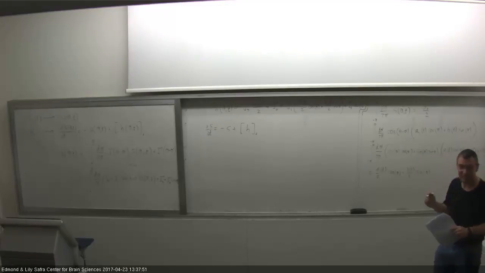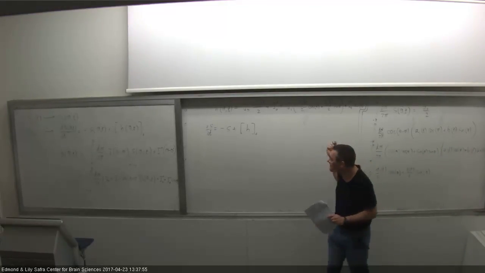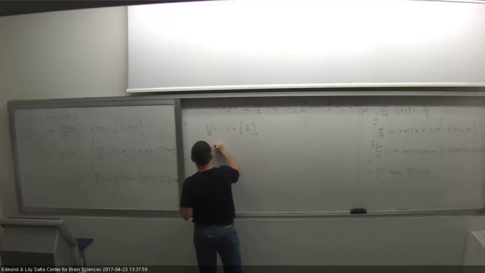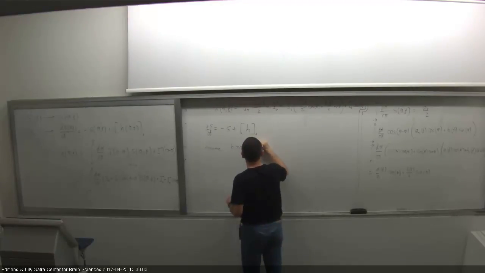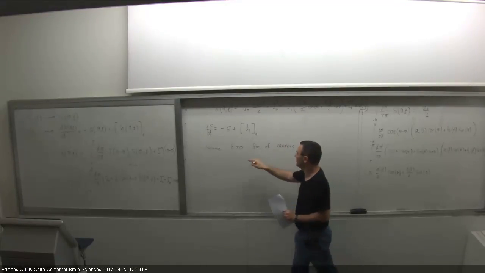Okay, so let's assume that H is positive for all neurons.